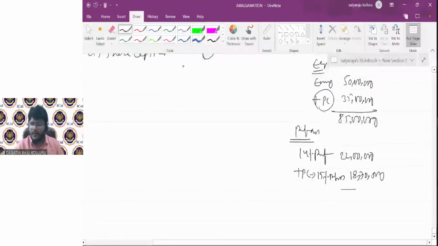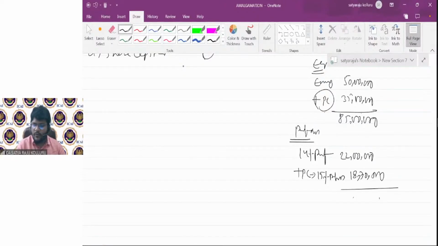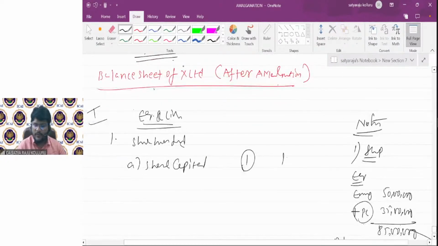Now make it total. Preference share capital 22 lakhs plus 18,70,000 is 40 lakhs 70,000. Total equity plus preference, 85 lakhs plus 40 lakhs 70,000, which is 125 lakhs 70,000. That is the share capital.